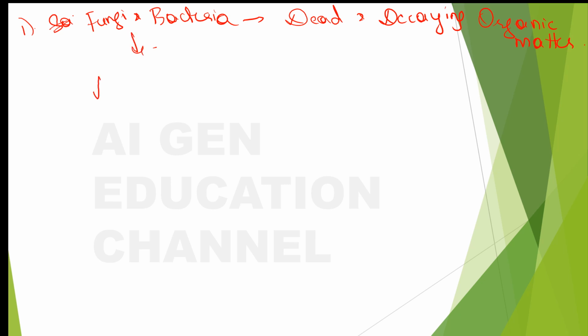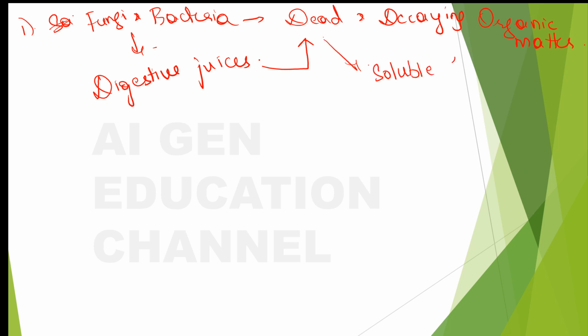They secrete digestive juices, which act upon the dead and decaying organic matter and make it into soluble form, and from this soluble form the fungi and bacteria get their nutrients. I hope you got it. I have repeated it so that it will sit in your brain.